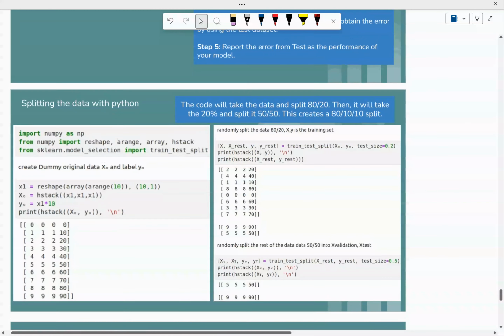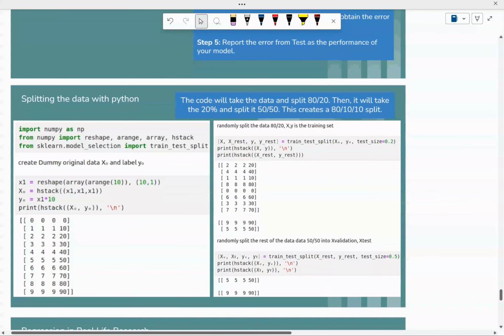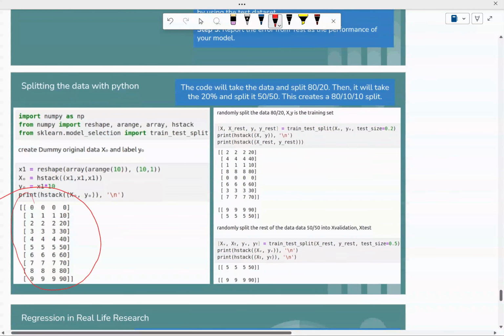Now, to split the data, the way you could do it is using NumPy. Let's say you have this data right here, and what you do is you put the data and your label into train test split. It's a library you import, train_test_split, and then it will simply split them.